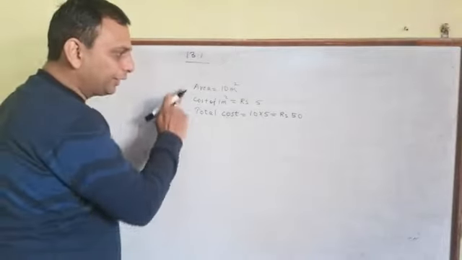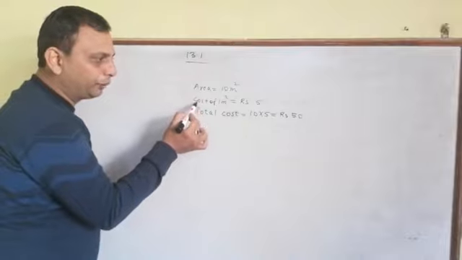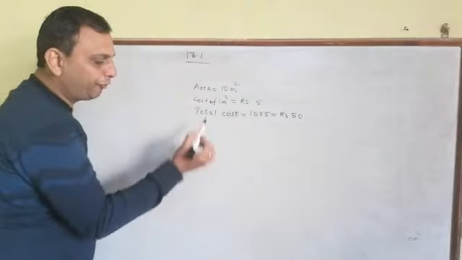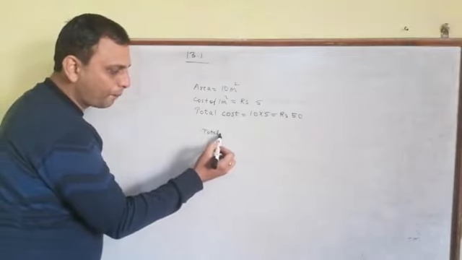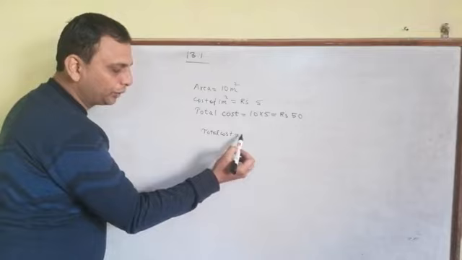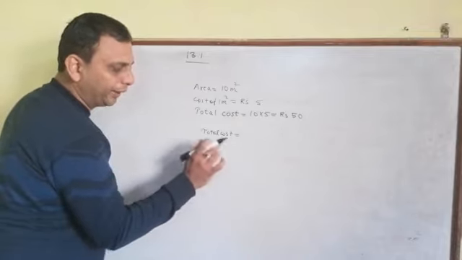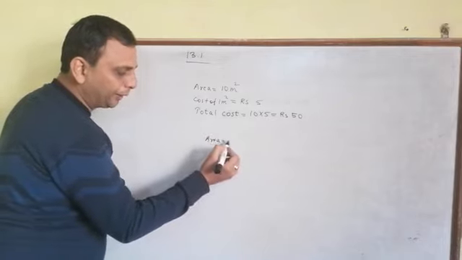Now suppose the area and the cost of 1 meter square are given, then total cost will be 50 rupees. Now if in any question the total cost is given and we have to find the area, what can we do?